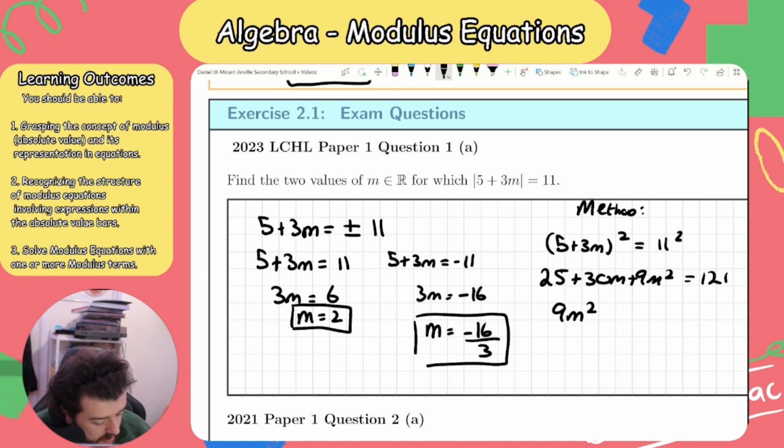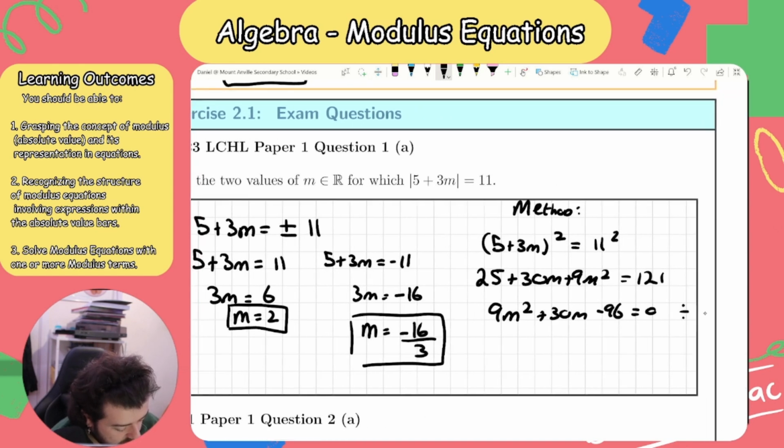9m squared plus 30m, 25 minus 121. That's going to be minus 96 equals 0. I can divide across by 3.